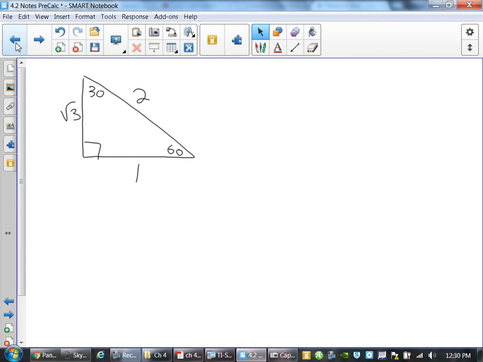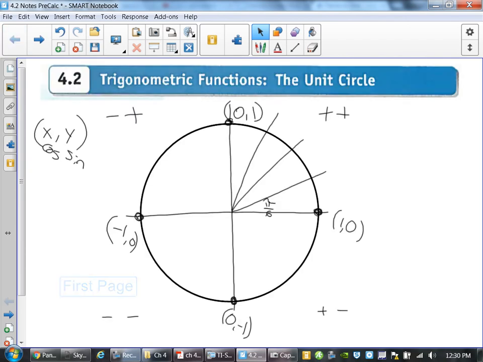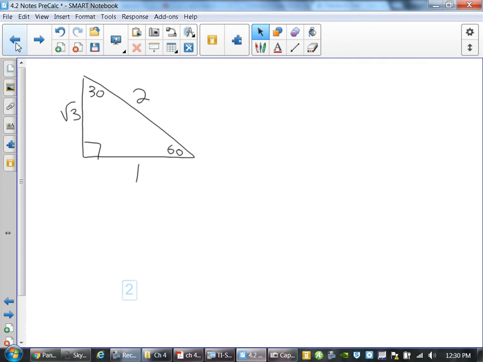Okay, so the cosine, you have root 3 over 2. And what's the sine of 30? Opposite over hypotenuse. So, 1/2.